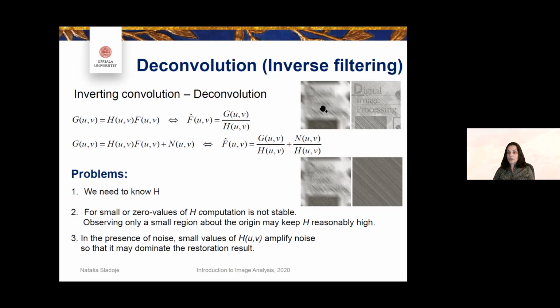In the first case there is some motion blur, and the restoration is not perfect, but at least some elements of degradation are clearly removed. Here we have some noise added, and the result of the same inverse filtering is completely useless, because noise was amplified to the extent that it disturbed the whole process.